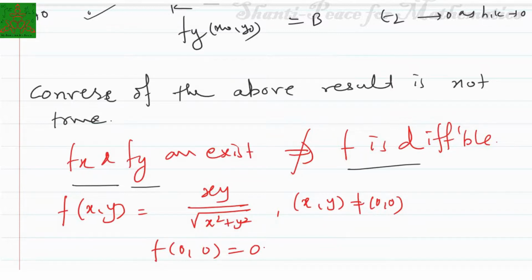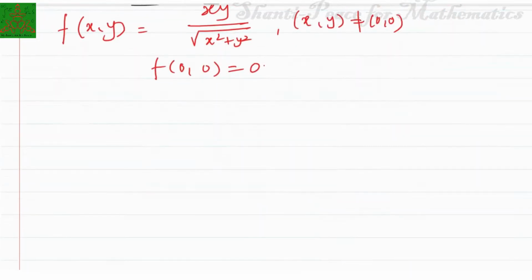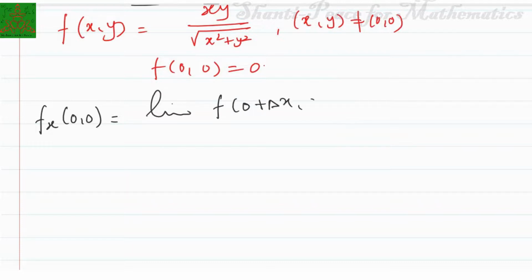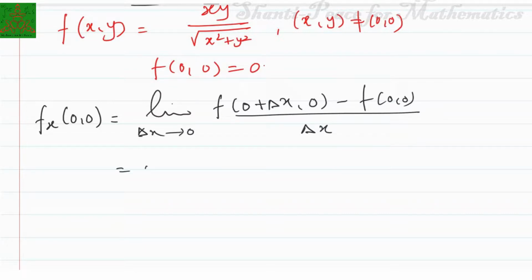To do that, let us calculate fx at (0,0). As per the definition, this is the limit as Δx tends to 0 of [f(0 + Δx, 0) − f(0,0)] / Δx.